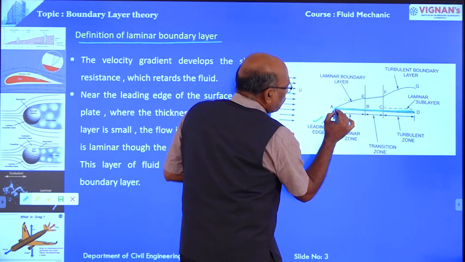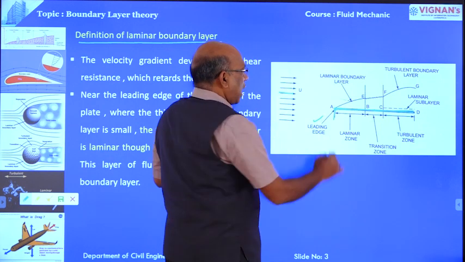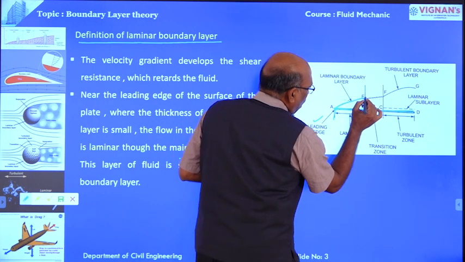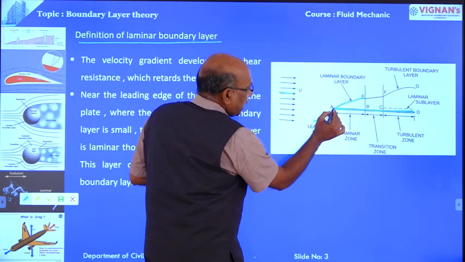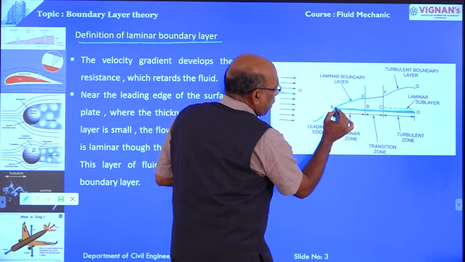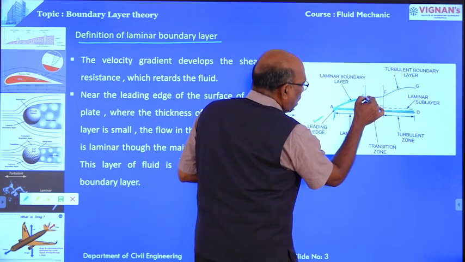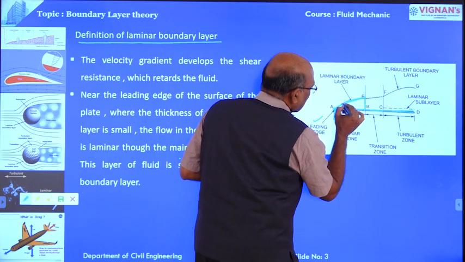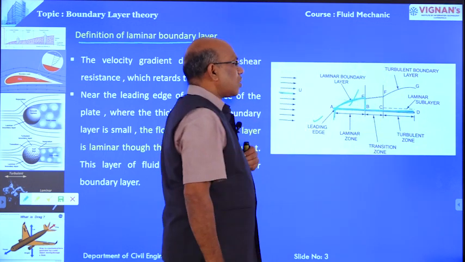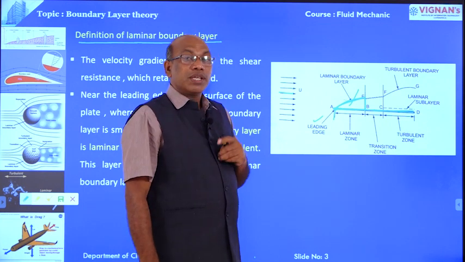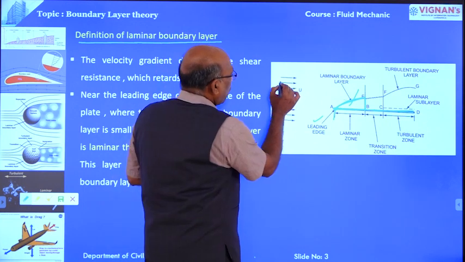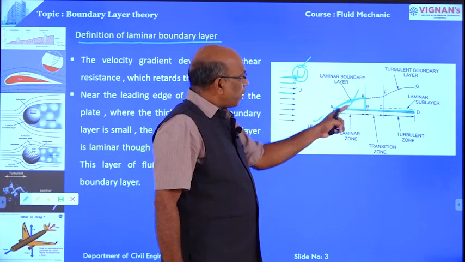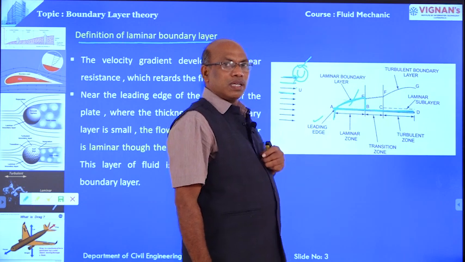Near the leading edge of the solid boundary, where the boundary layer thickness is small, the flow in this layer is laminar, even though the main flow is turbulent.